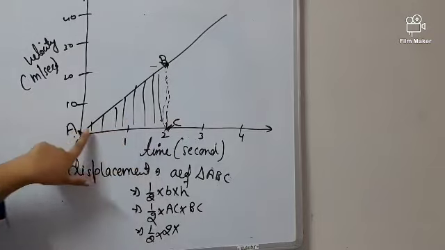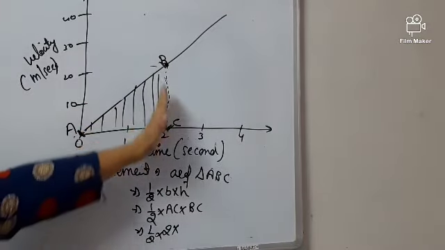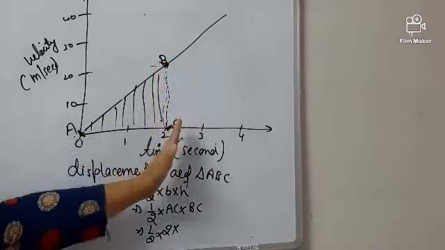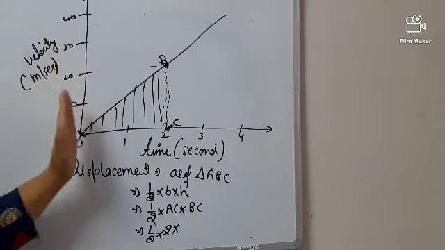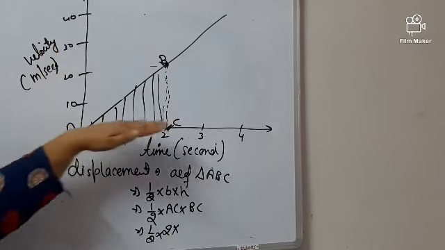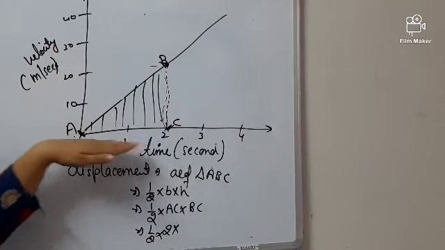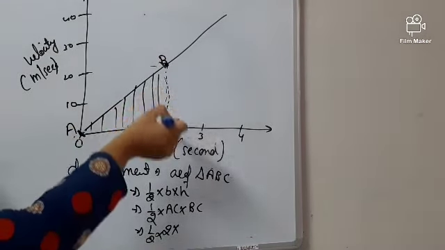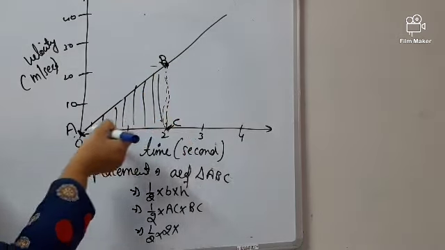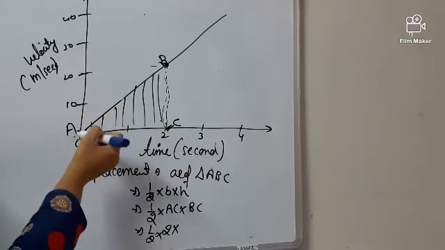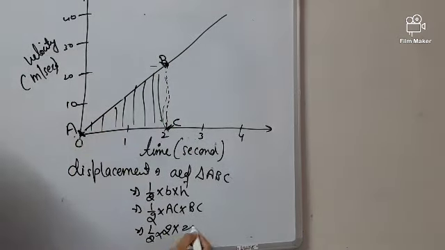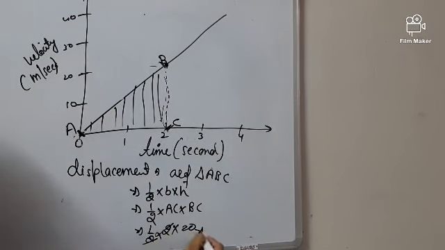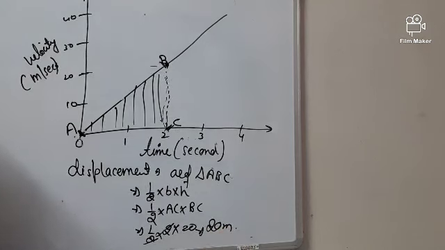BC is the line along the y-axis, so you have to take the values of the y-axis. AC is the line along the x-axis, so you take the values of the x-axis only. At C it is 0, at B it is 20, so 20 minus 0 is 20. So the 2 gets cancelled. What you have is 20 meter, which is your displacement.